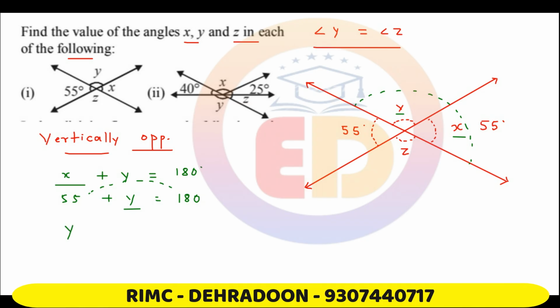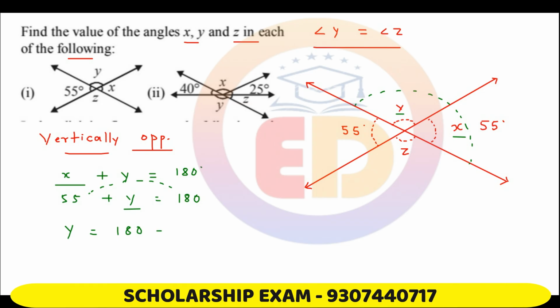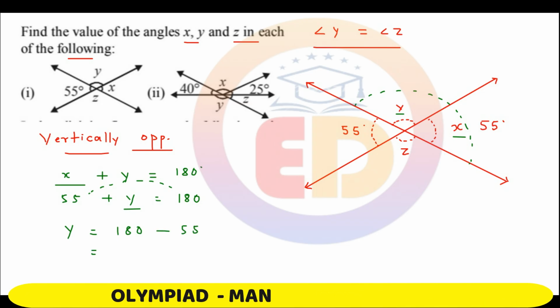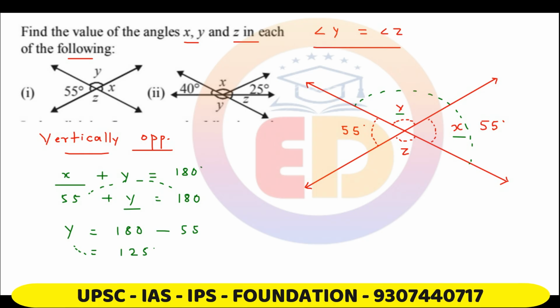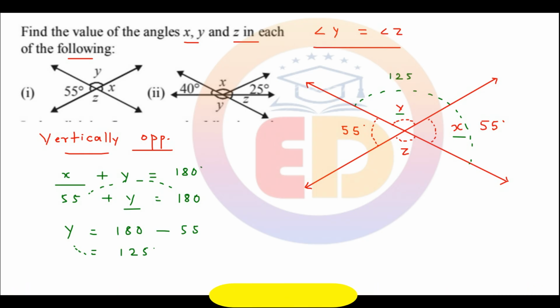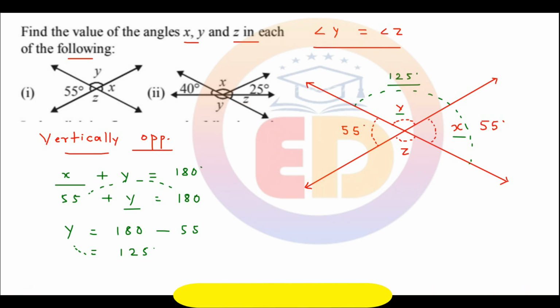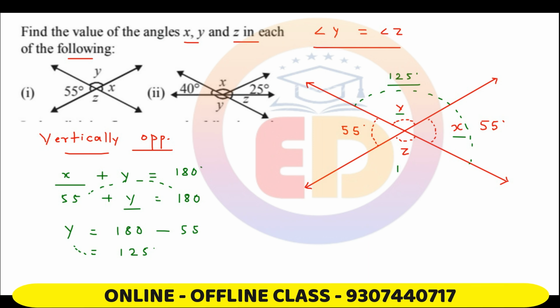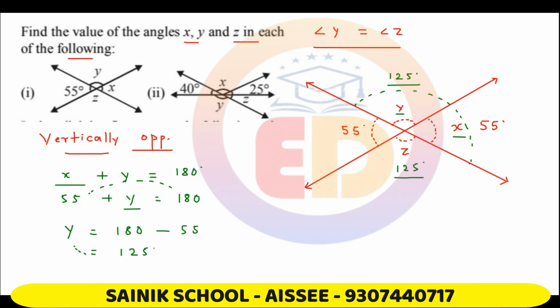So angle Y will become 180 minus 55. 180 minus 55 is 125. So angle Y will be 125 degrees, because angle Y and angle X form a linear pair whose sum is 180, and if angle Y is 125, angle Z also is 125 degrees. So we have the value of all X, Y and Z.